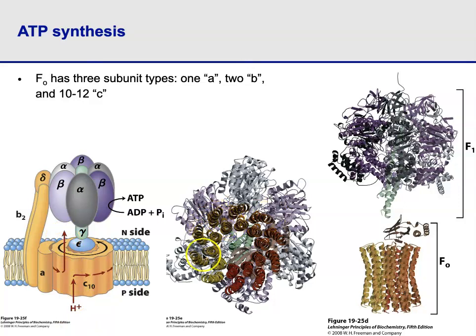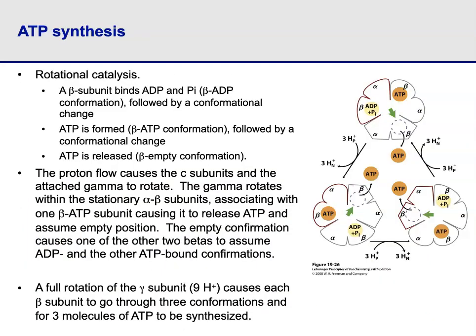Here structurally in yellow, red, and orange, again we have the helices, and they form the channel through which protons pass through.